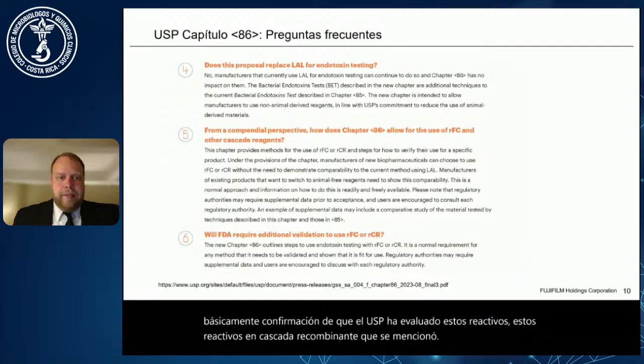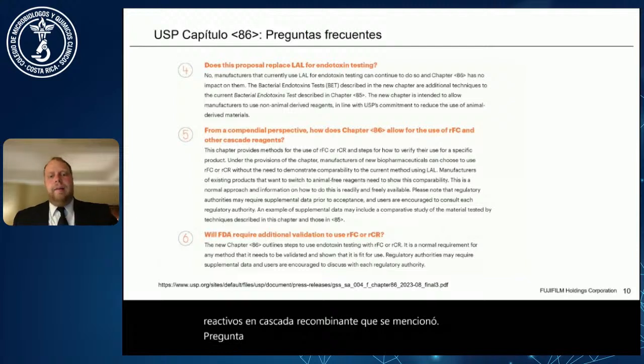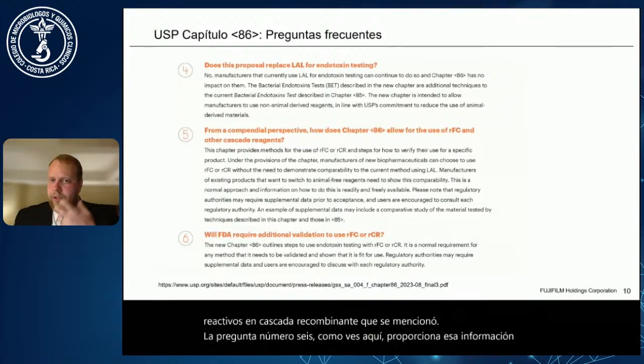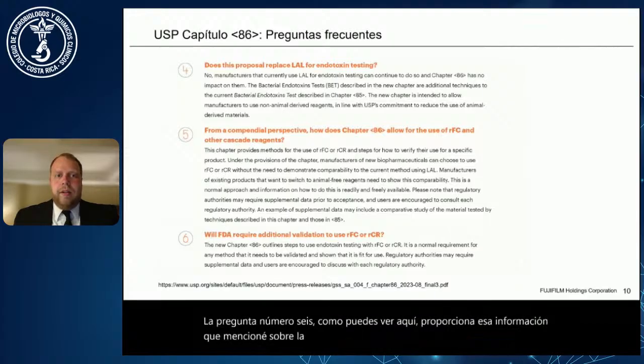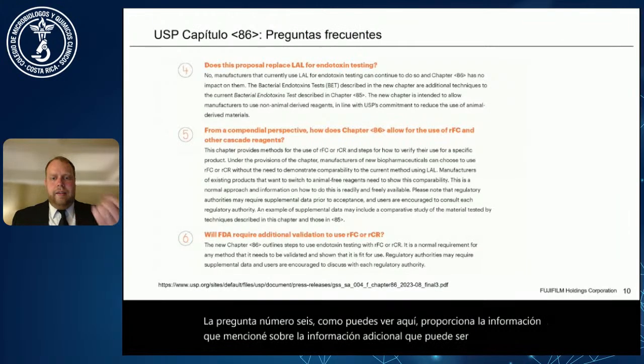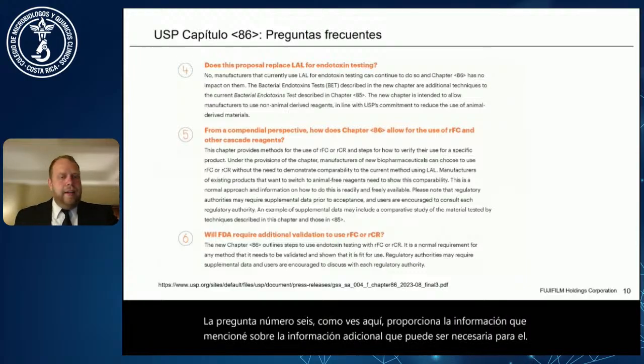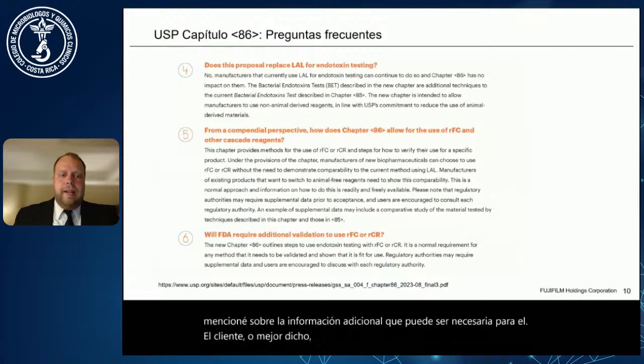Question number 6, as you see here, provides that information that I'd mentioned about the additional information that may be required for the customer or the client, I should say, to provide that testing information.